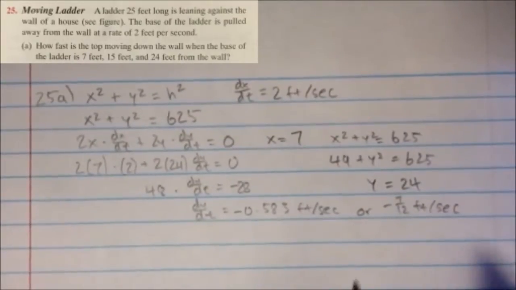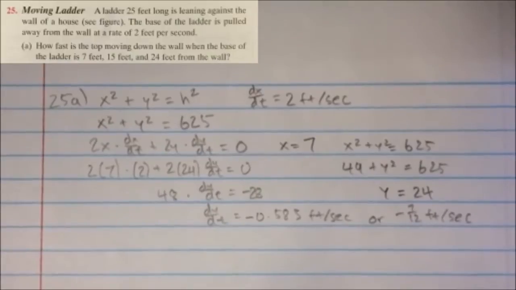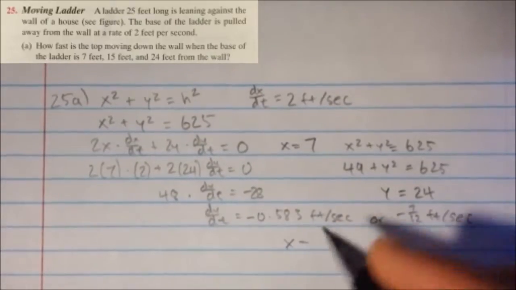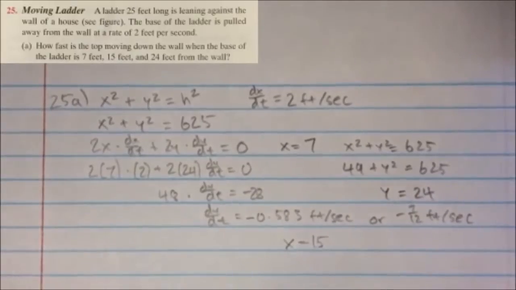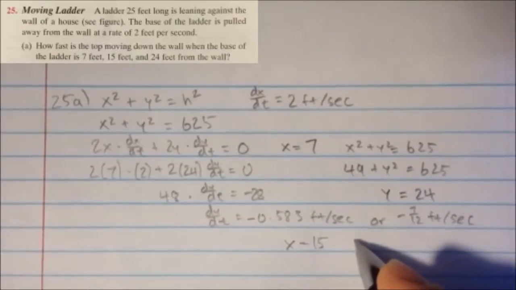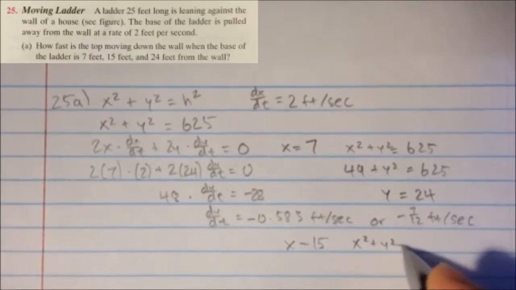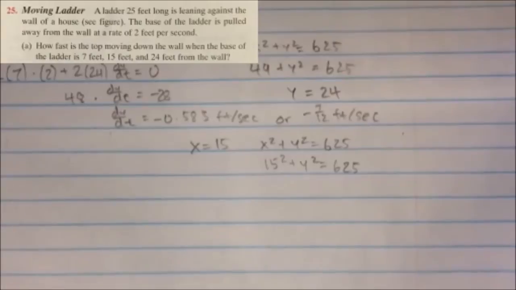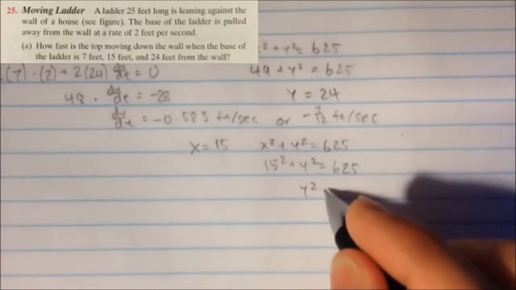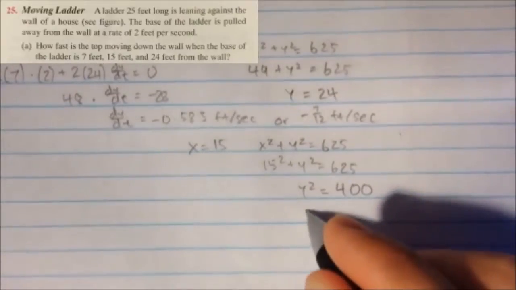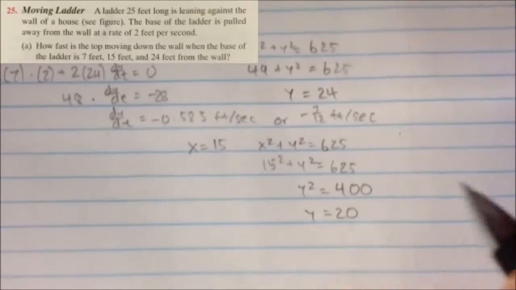Now that we know this process, it becomes fairly simple to solve for the other base lengths. For example, x equals 15 feet away from the wall. Let's just use the same exact thing that we did here. So x squared plus y squared equals 625. x squared is 15 squared, which is 225, so minus that from 625, and we get 400. Solve for y, and that becomes 20 feet.